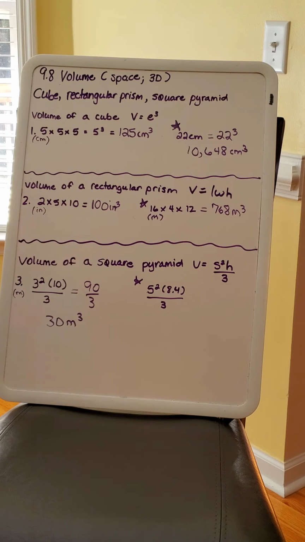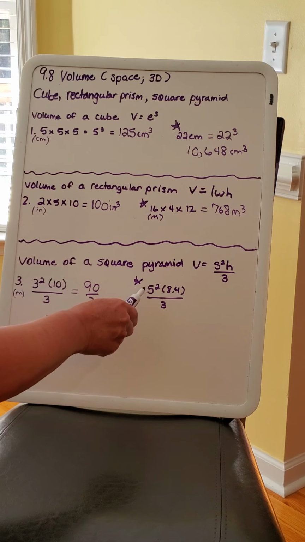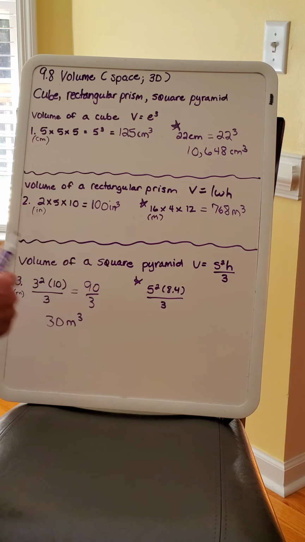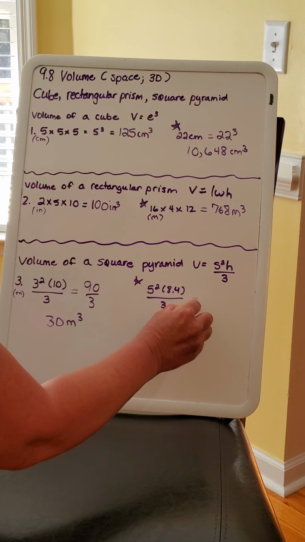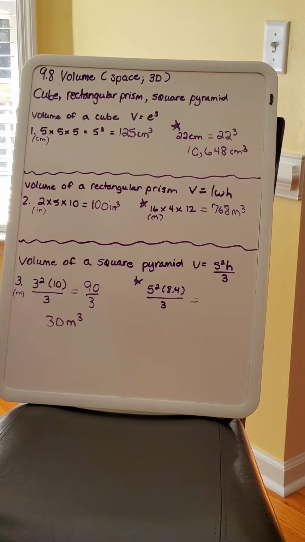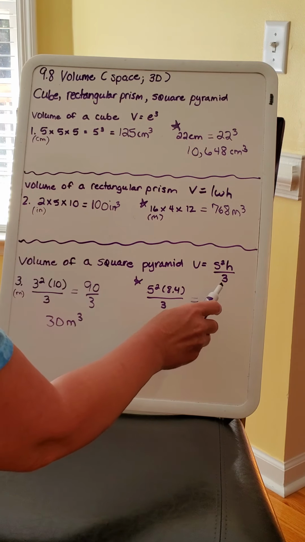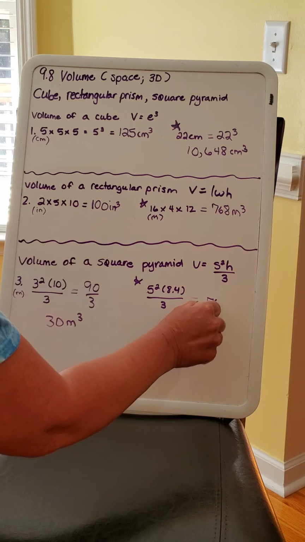First we'll have to square 5 and then multiply it by 8.4. 5 times 5, or 5 squared, is 25. 25 times 8.4 is 210. And then 210 divided by 3 is 70. So 70 inches cubed.